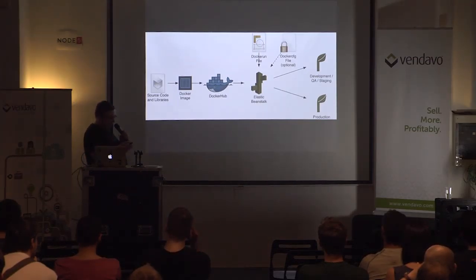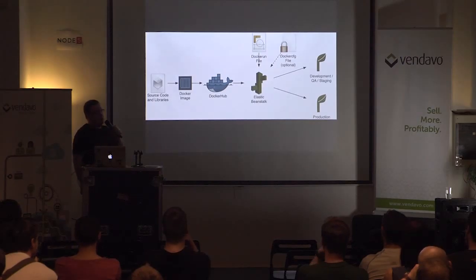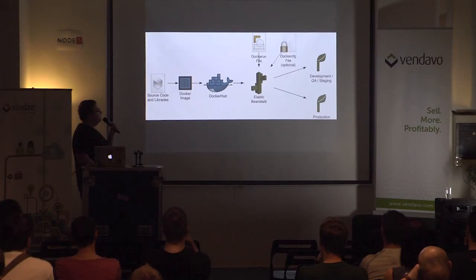That is very simple. You can have a Docker image, as you know. You can publish it to Docker Hub or use your own private registry. That is possible too.